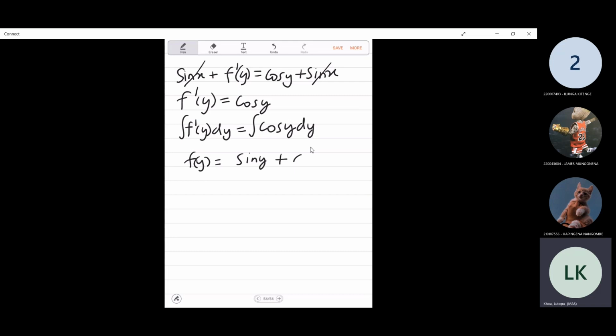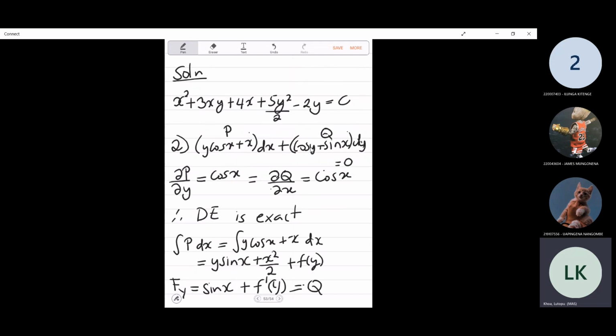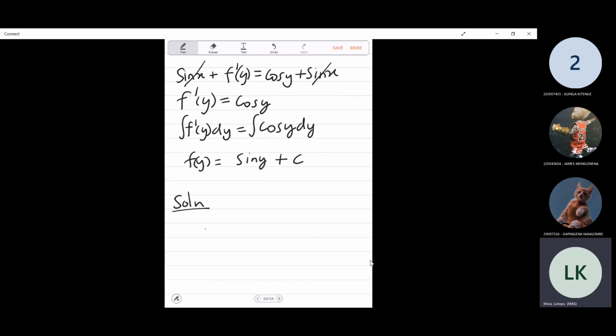And now I add a constant, not a constant in terms of x. It's now just a constant. Okay, and then I write down my solution. So the solution will be this y sine x, plus x squared over 2, plus this f of y that I got, and then equate everything to c.